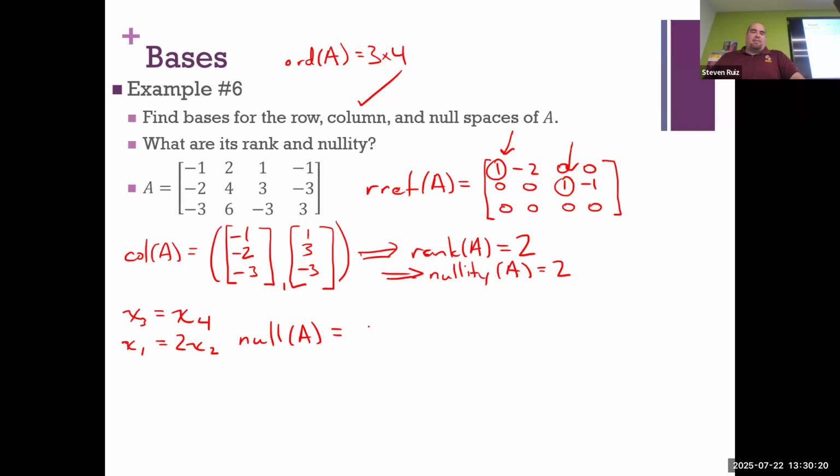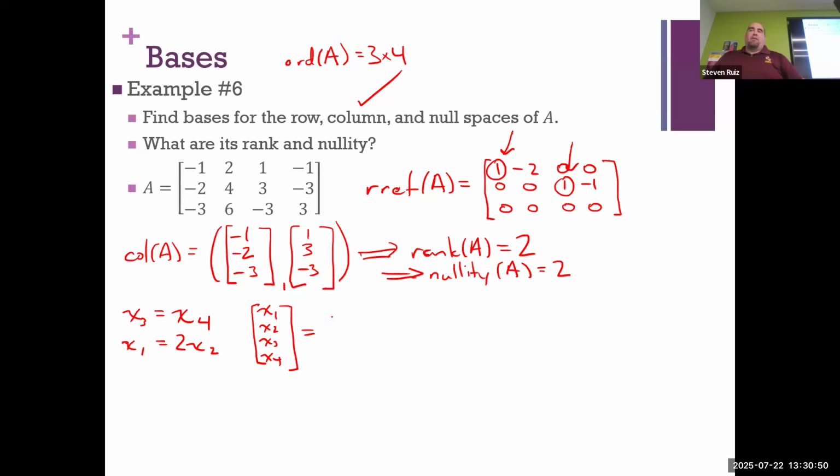But then how do I write that as a basis of vectors? Well, we've done that. Let's think about a generic X1, X2, X3, X4 vector. How many parameters do we need? 2.